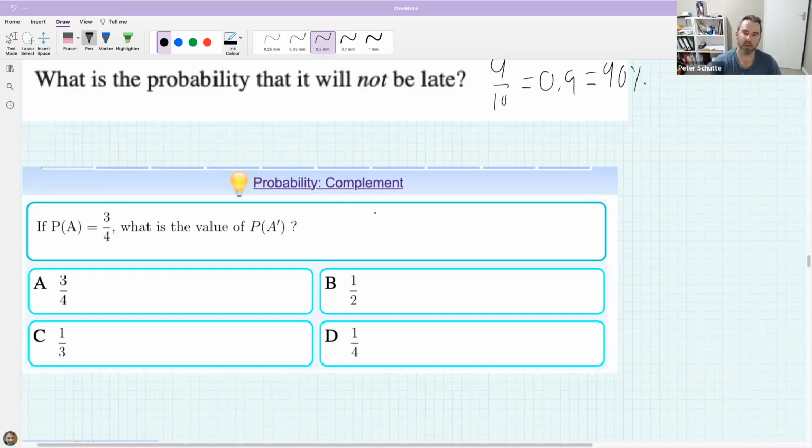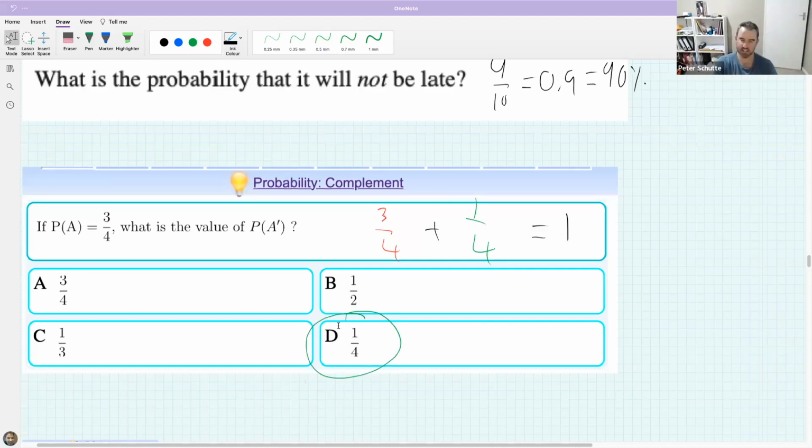Now remember that with complementary events, we know that together they must be equal to 1 or 100%. So if I know that this is 3 out of 4, plus this is 1, well, I think the only way that would work is if that was 1 out of 4, which is what everyone is saying in the chat.